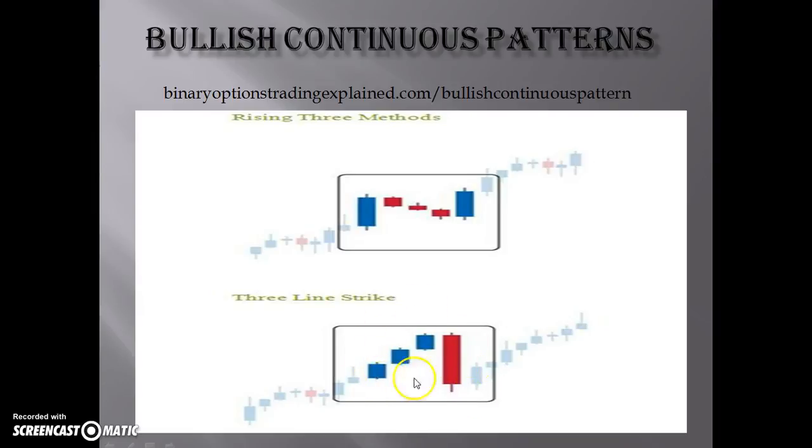So this is the pattern to look out for. Once this pattern forms, it indicates that an existing upward trend is going to continue. So you take a trade immediately this candlestick closes. Once it closes here, you make a call, which implies an existing upward trend is going to continue. So that's it for the bullish continuous patterns.